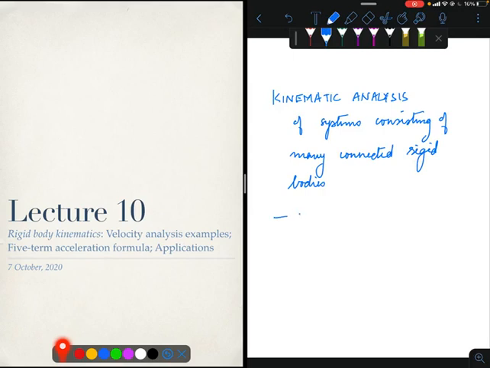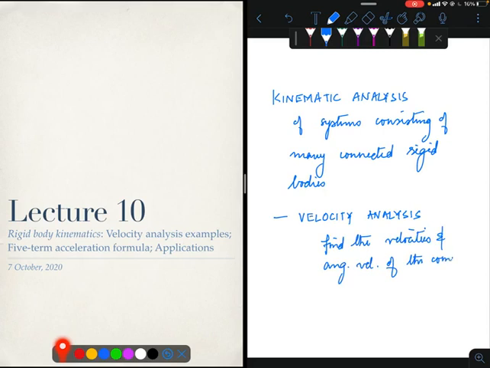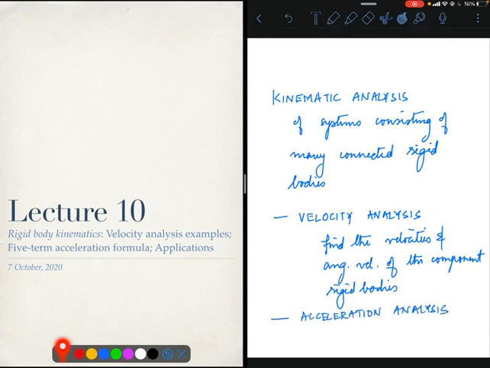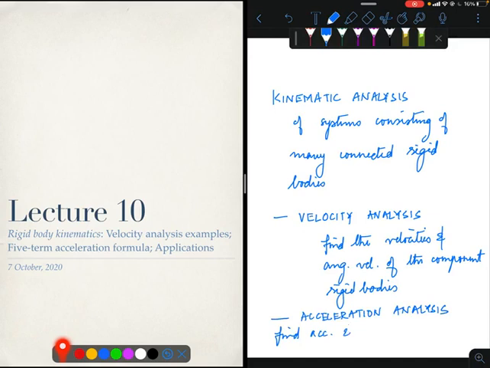The first step is the velocity analysis, in which we find the velocities and angular velocities of the component rigid bodies. The velocity analysis is followed by the acceleration analysis, in which we find accelerations and angular accelerations of the rigid bodies that comprise the system that we are studying.